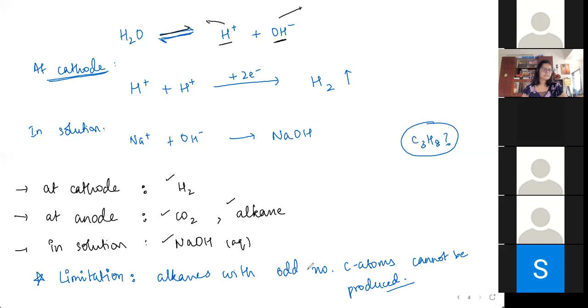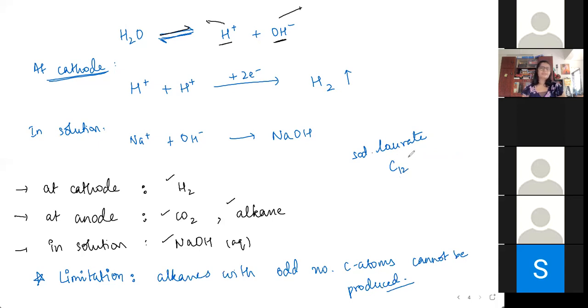And that's it. What about higher order alkanes, with the same methods? Can those be produced? Yeah, as long as they have an even number. If you end up taking sodium laurate, from lauric acid, laurate is, I think, C12, if I remember correctly.